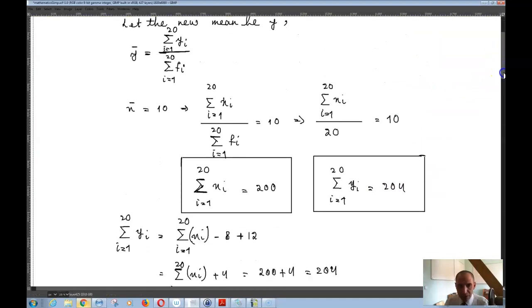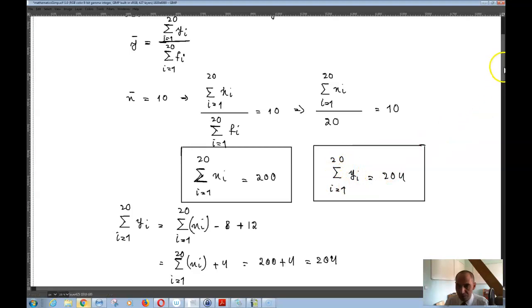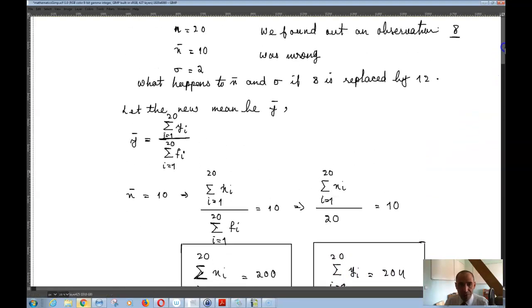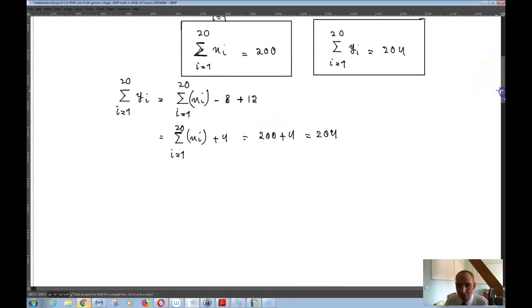And now using this I can calculate the new mean, which is y bar.